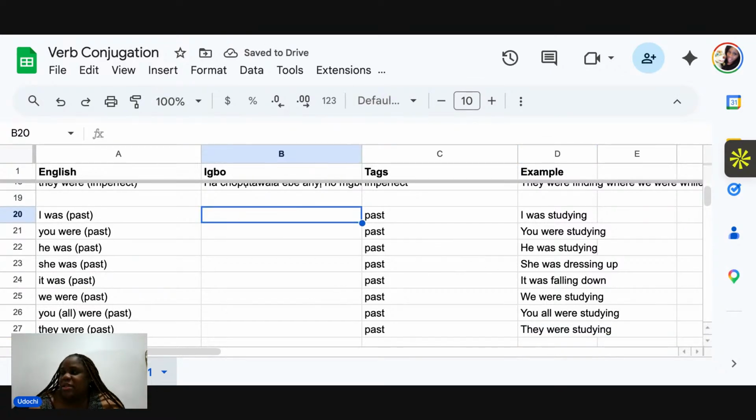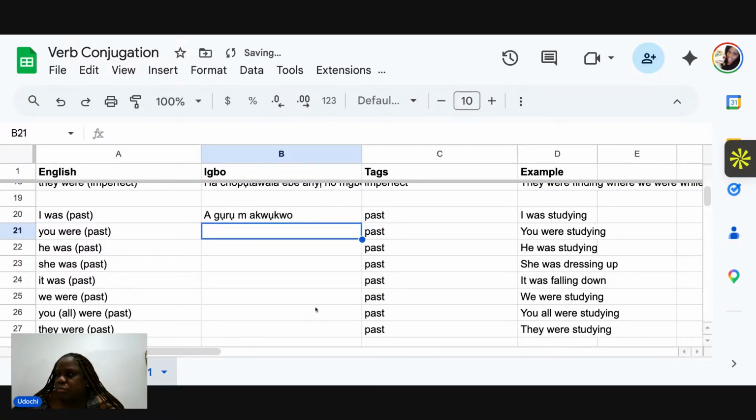So I was studying is Agorum akokwa. You were studying is Egoro akokwa.